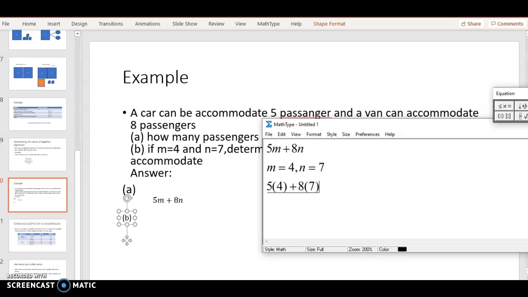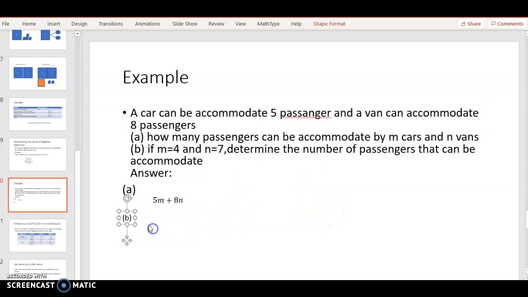So you should get 5 times 4, 20, plus 8 times 7, 56. You should get 76. So this is how you solve the problem.